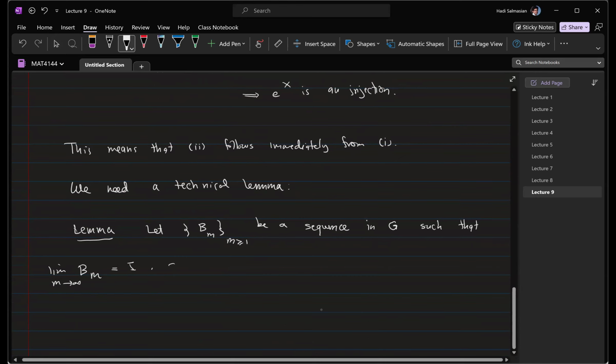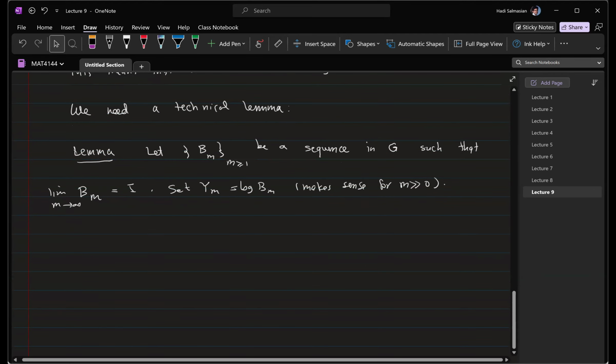Now set ym equals log Bm, which makes sense for m sufficiently large, and we only care about sufficiently large m.